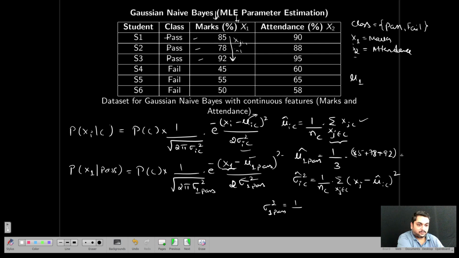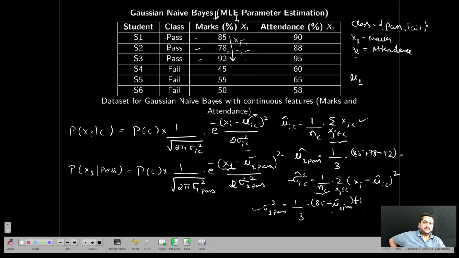This is equal to 1 by n, how many values for pass? 1, 2, 3. So 1 by 3 into the sum of all these xj's. These are the 3 xj values. For example, 85 minus mu 1 pass, which I calculated, right? Plus, and so on for all the 3 values you calculate. So this is how you calculate. You need not mug up the formula. The only thing is you understand how you calculate those values.